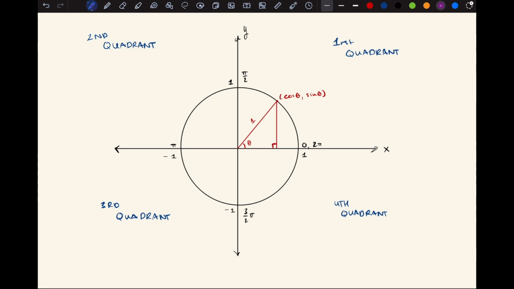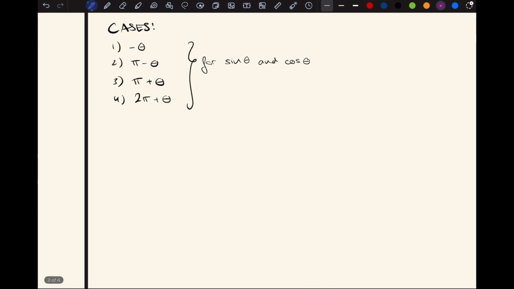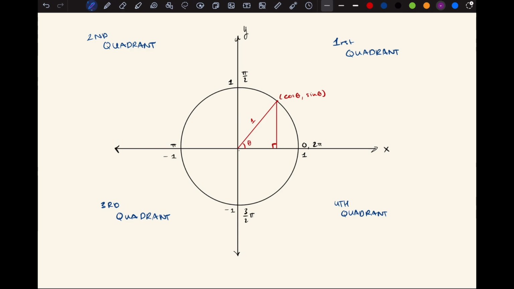So let's start off with the first one. Let's draw negative theta. That's going to be right here. And negative theta is the same thing as 2 pi minus theta, so just keep that in mind.